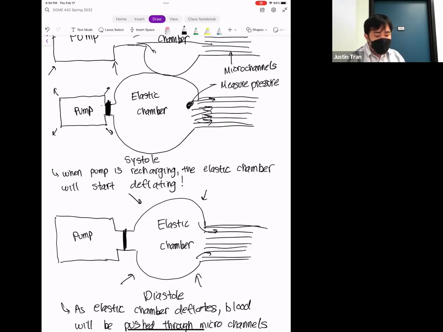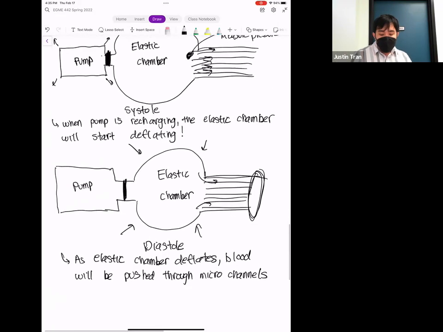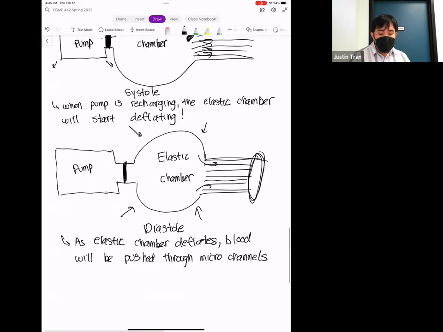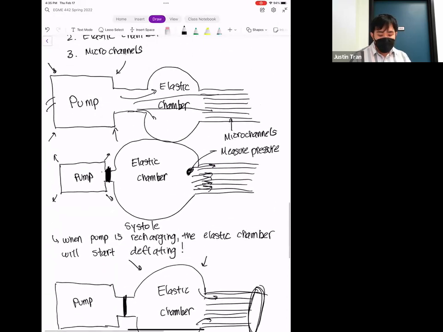This might have been during the time of manometers, so they had fluid-filled columns that go up and down, and they were able to observe in those columns the exact pressure waveforms they were looking for. Of course they can measure the flow coming out of the microchannels, and the flow they observed was exactly what they envisioned too. So this was one of the early models of blood flow.